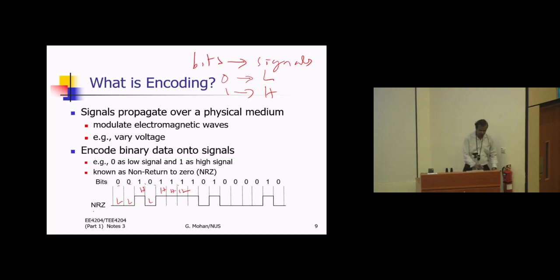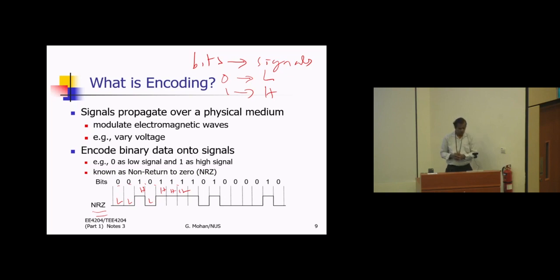This type of simple communication is called non-return to zero. I'm not going into the details. It's not good for network communication. It could be used maybe within a computer or disk, but it's not preferred. Why? One good reason is that, let's say we want to send a long sequence of ones, 10,000 ones.